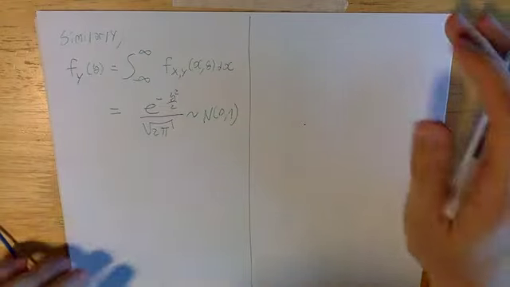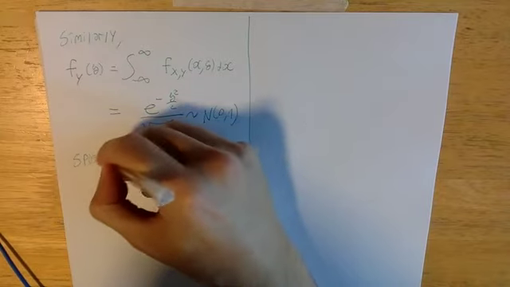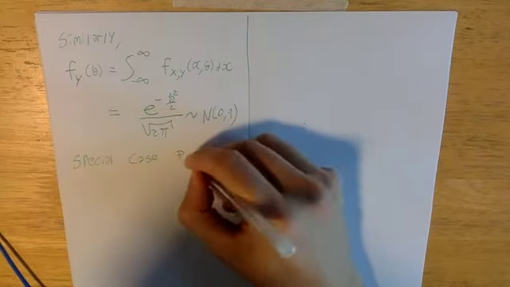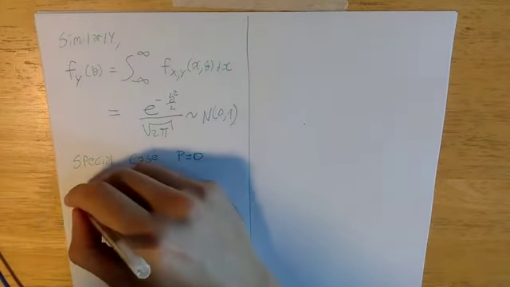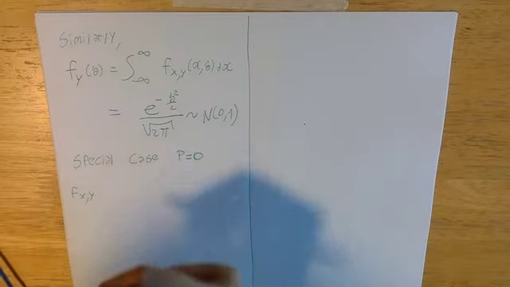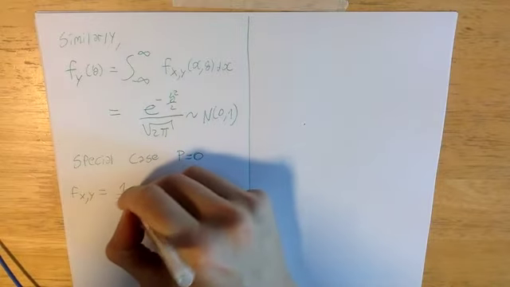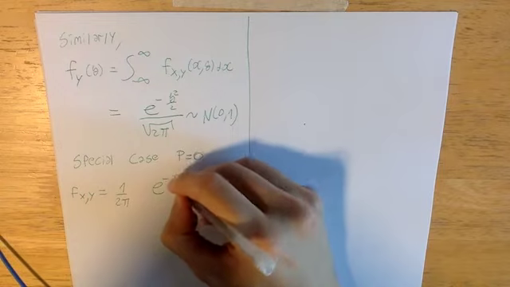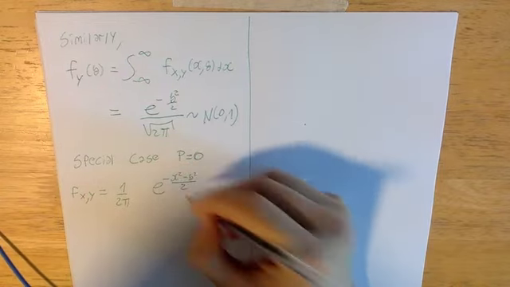Okay, so there is a special case, which is p equal to 0. In this special case, the joint distribution f of x y is equal to 1 over 2 pi e to the minus x squared minus y squared over 2.